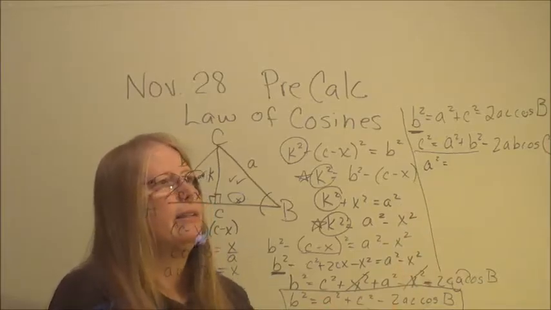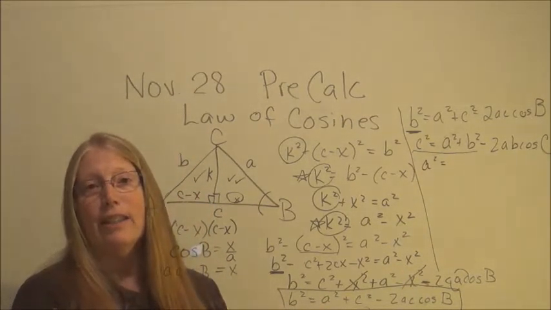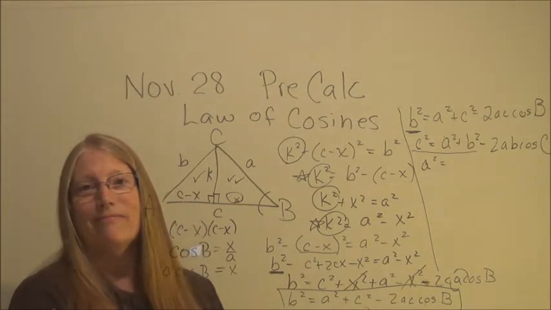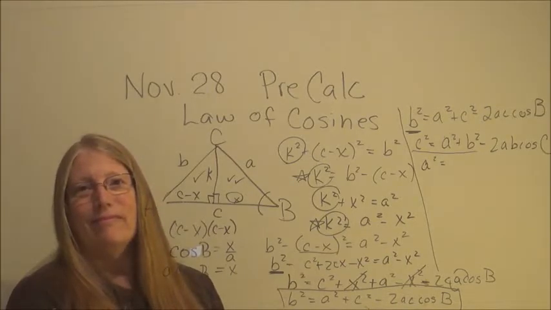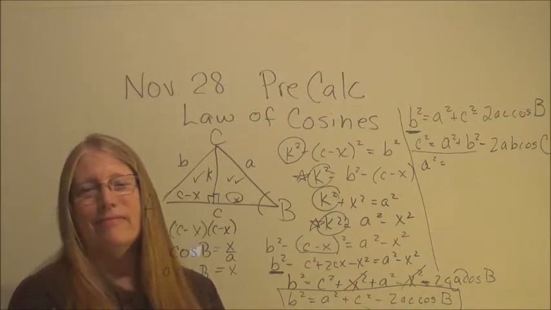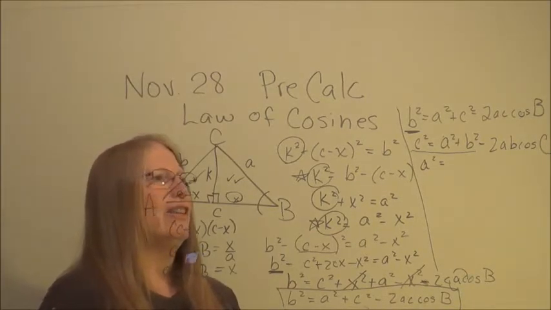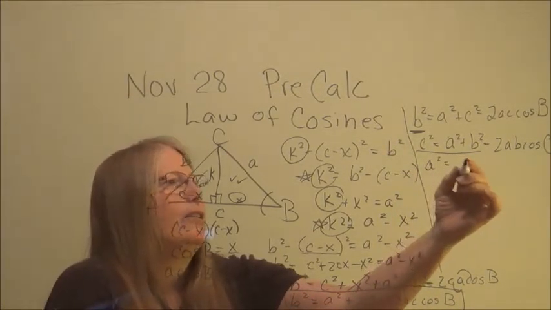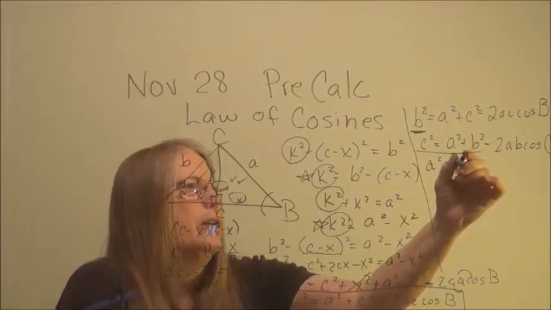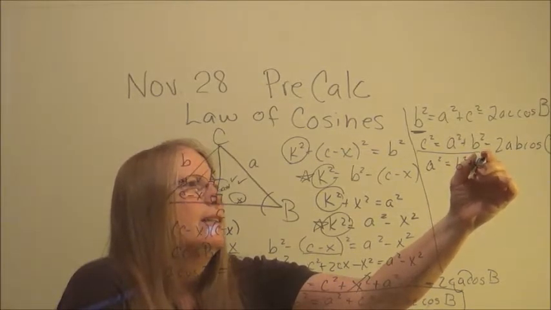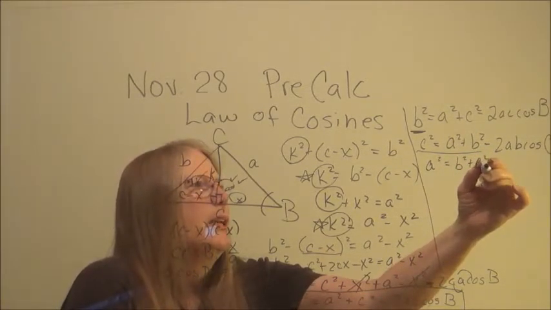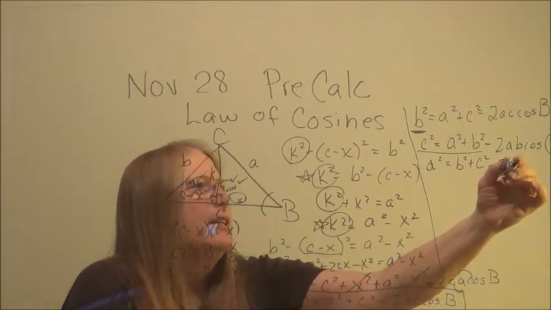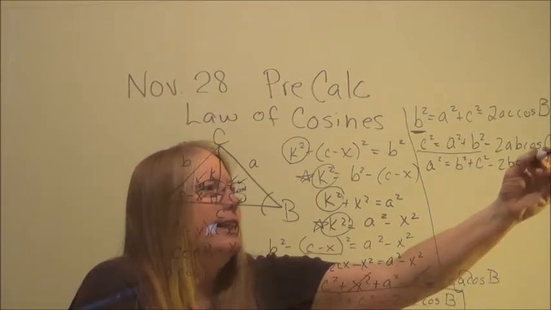Following the pattern, go ahead and I'll count to 10. Alright, you should have it. Following the pattern, a squared equals b squared plus c squared minus 2bc cosine a.